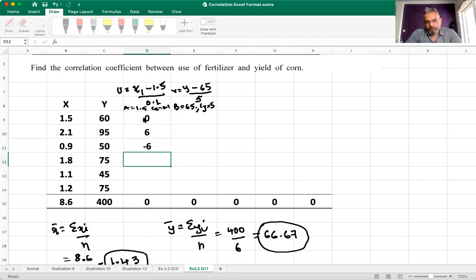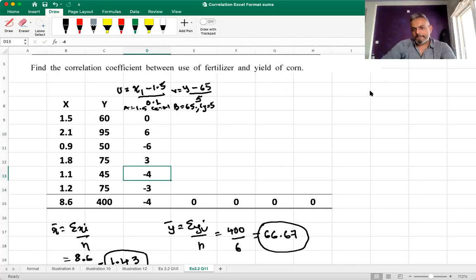Then minus 6, 0.9 and 1.5 you can directly do 9 and 15 minus 6, 18 and 15 plus 3, 11 and 15 minus 4, and 12 and 15 minus 3. The total came to minus 4. When does this total become 0? When the assumed mean and the mean are the same. Please pay attention to this amazing statement I'm making because in some typical sums this concept will come.